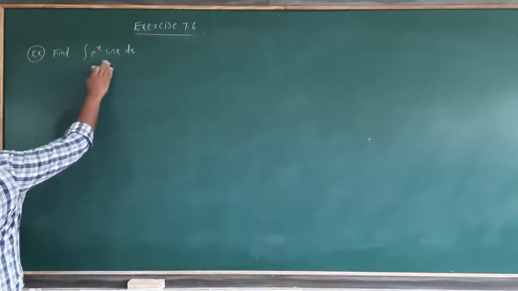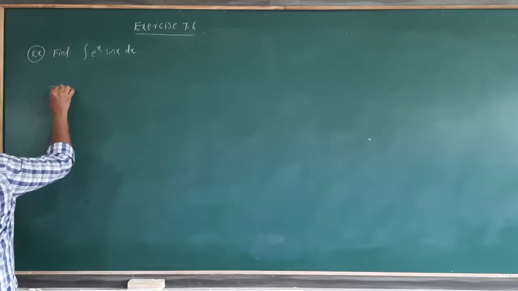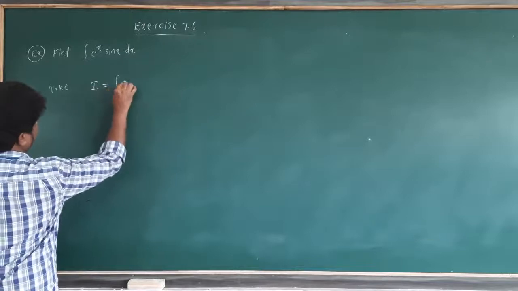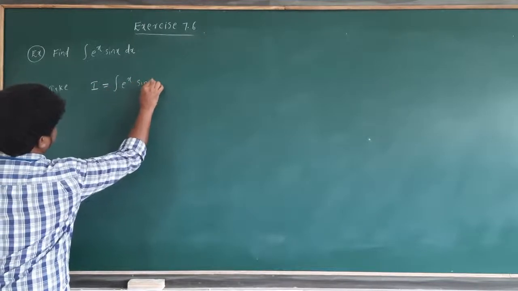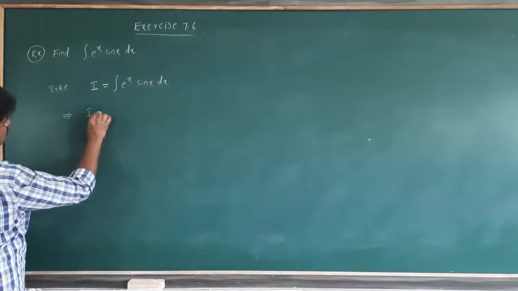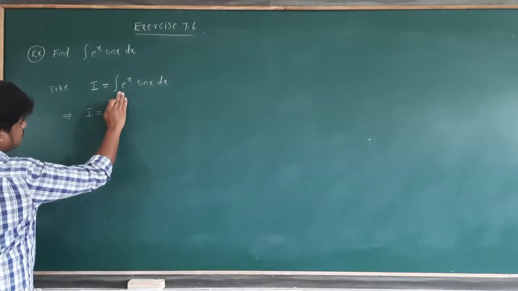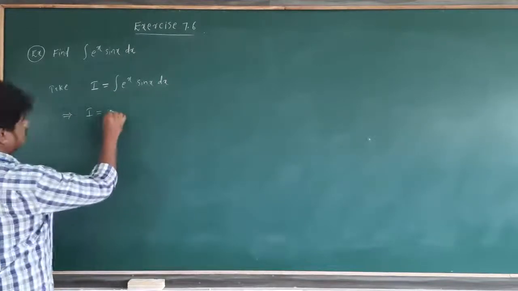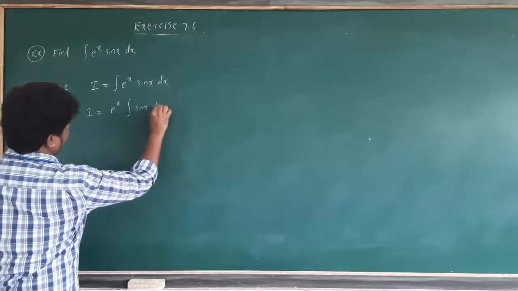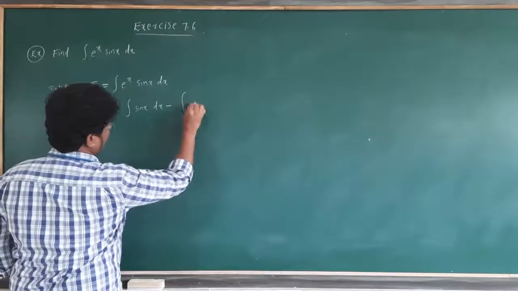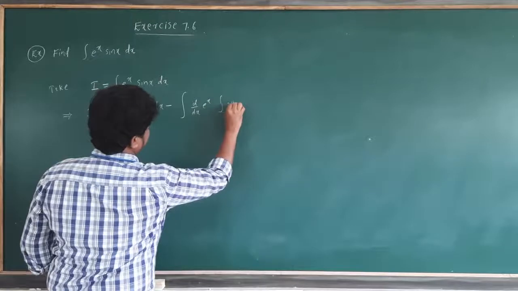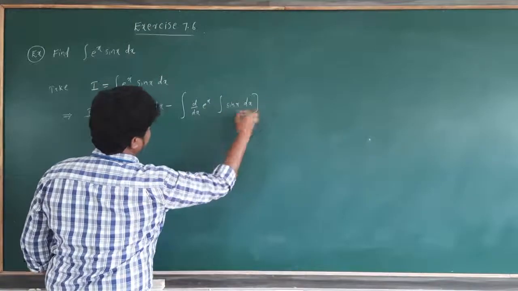Here you should take I. Take I equals the integral of e to the power of x sin x dx. I equals first function e to the power of x, second function sin x. Watch: first function into integral of second function dx, minus integral of the derivative of first function into integral of second function dx, whole dx.